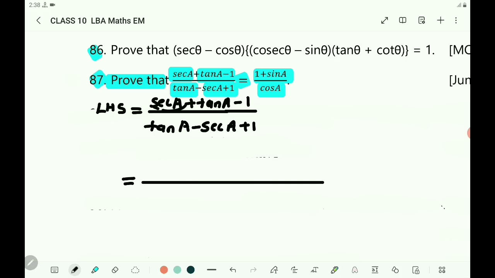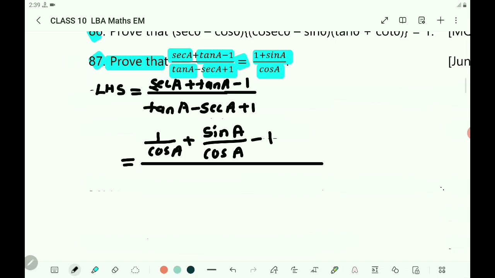Express secant A in terms of cos, that is 1 by cos A, plus tan expressed in terms of sin by cos, that is sin A by cos A, minus 1.